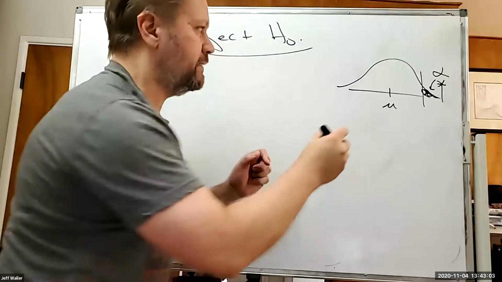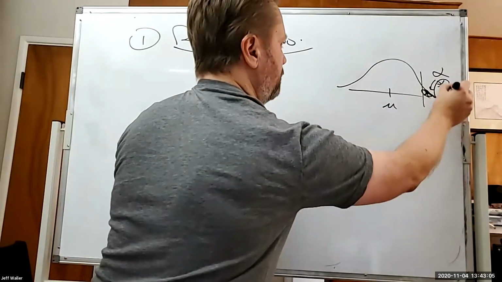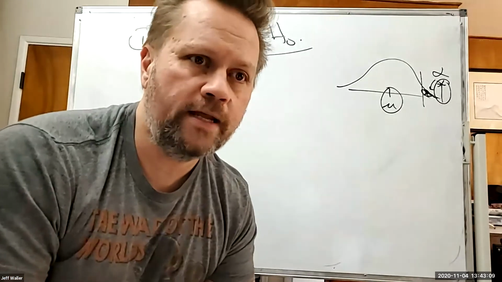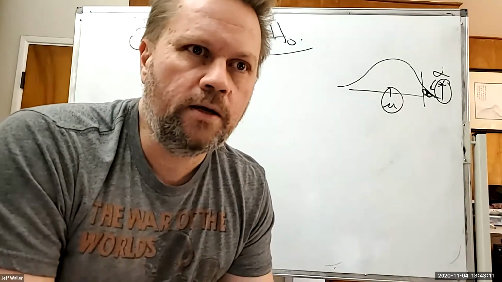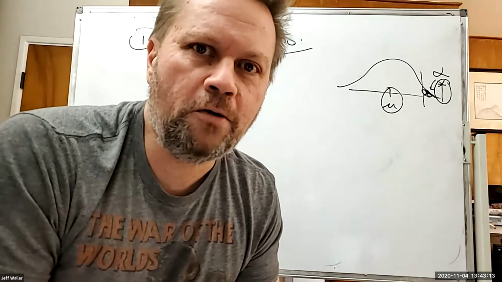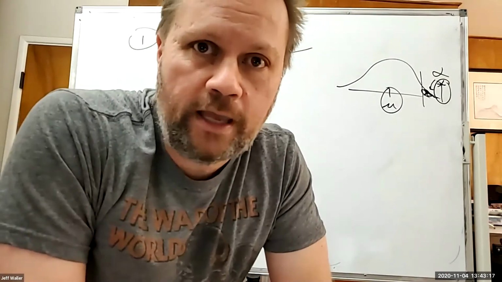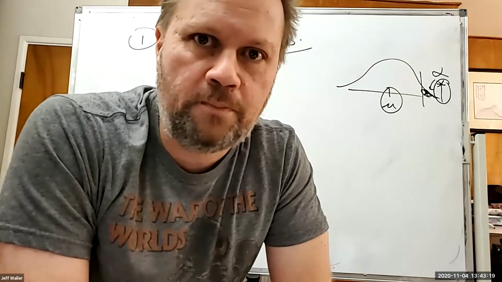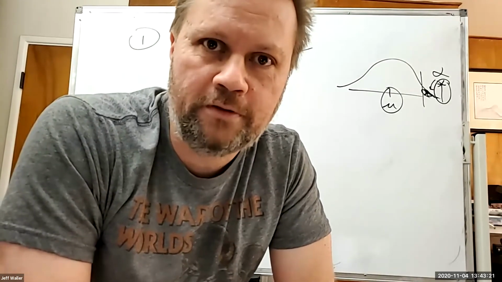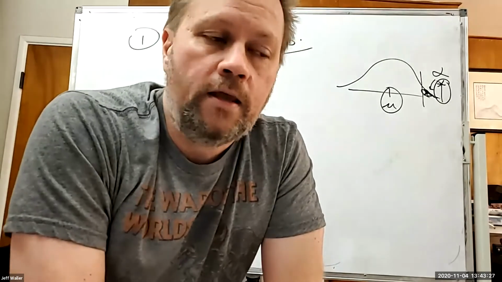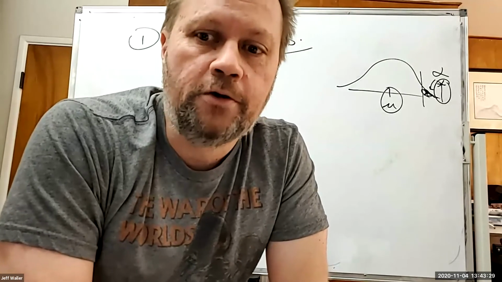Because is it impossible to get a sample here if the mean really is here? No, it's not impossible. So we never know the truth, which seems bleak, and people think math should be better than that, which I find laughable. Math cannot be better than real life because math describes real life. That's why I love statistics. It's the most honest math.